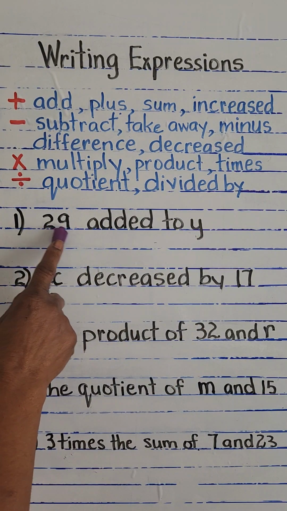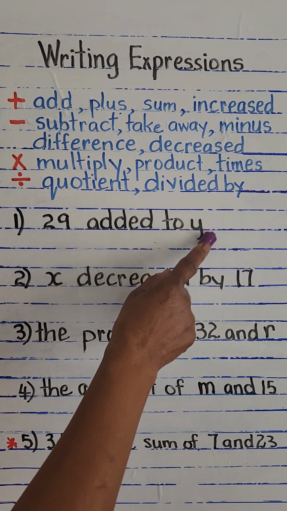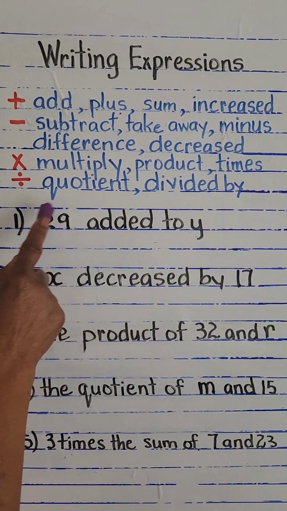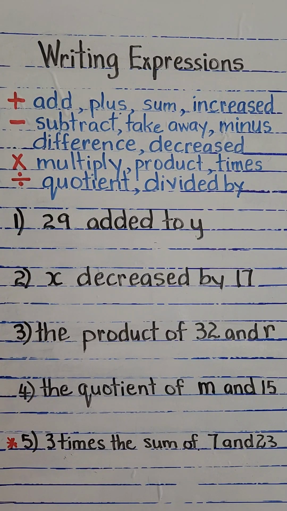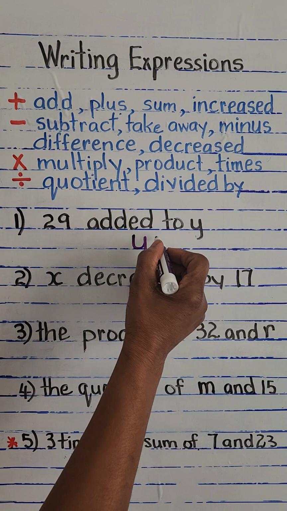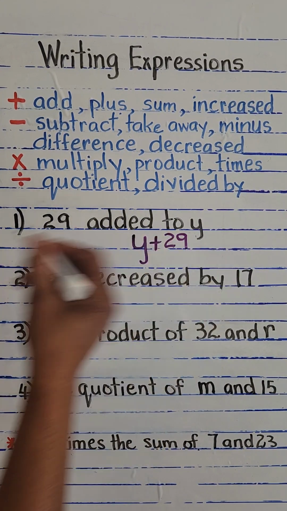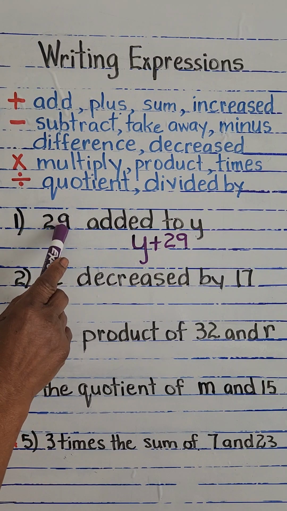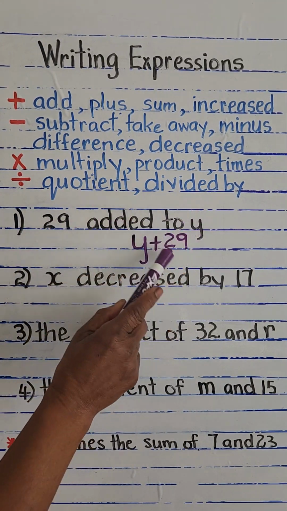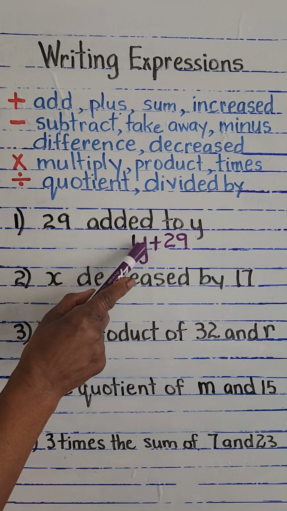So 29 added to y. That means we have y and we are going to add 29 to it. So that would look like y plus 29. 29 added to y, and this is what we have here.